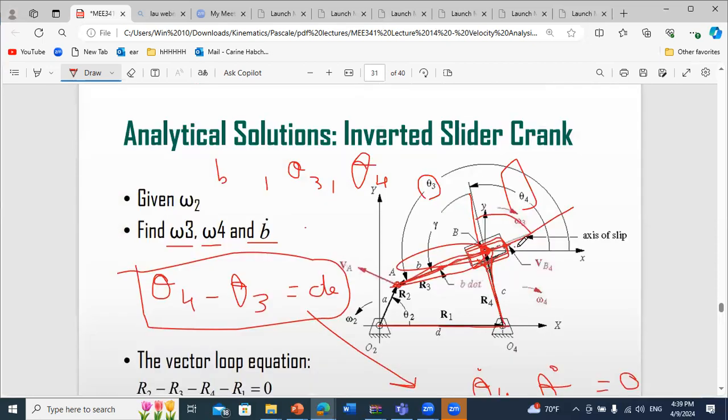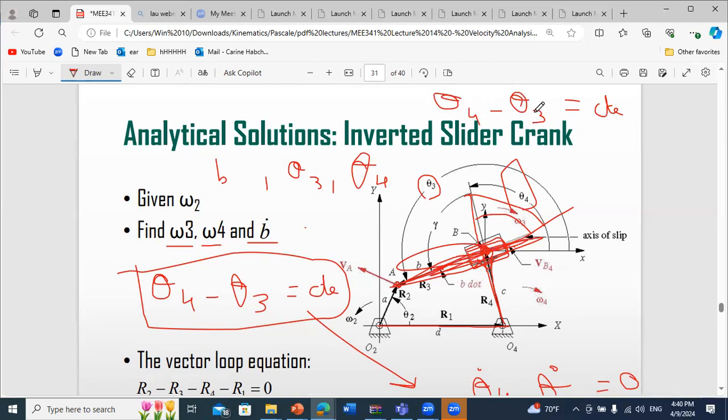Because we have relative translation between the output and the coupler, the angle theta 4 minus theta 3 should be a constant. It's true that theta 3 can vary and theta 4 can vary, but the difference between them should remain constant, because they cannot rotate relative to each other. They only have relative translation with respect to each other.